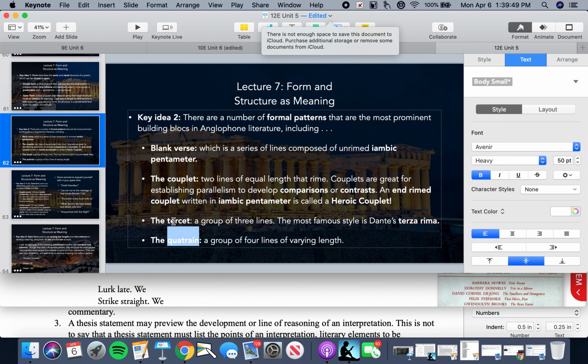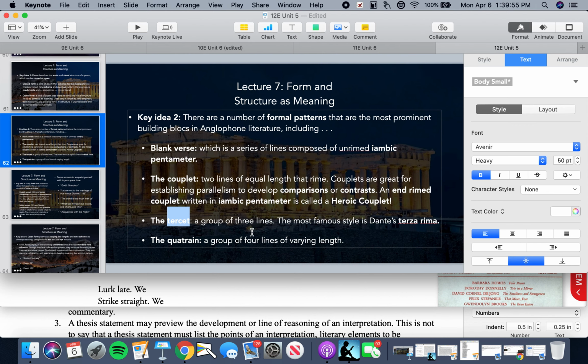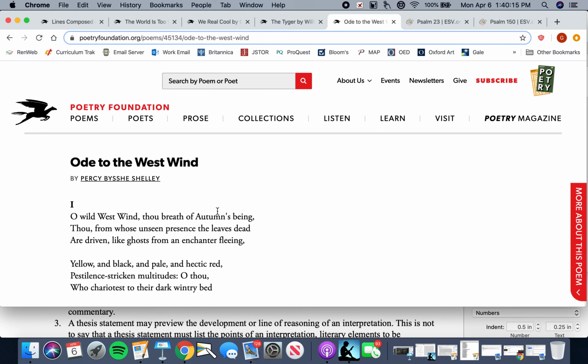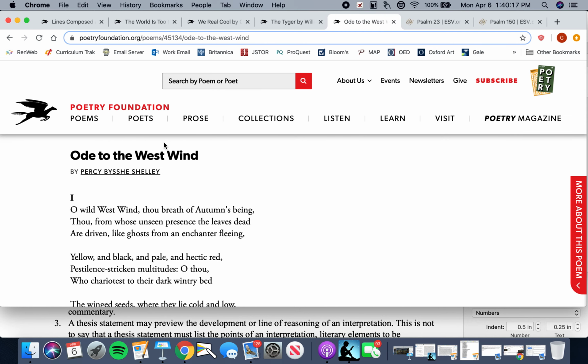Another famous structure or formal pattern is called the tercet, a group of 3 lines. The most famous style of tercet writing is called terza rima, which was introduced to Anglophone literature by Dante, who wrote in Italian but was very famous and important in English-speaking literature. A great example of that is Percy Bysshe Shelley's poem "Ode to the West Wind."